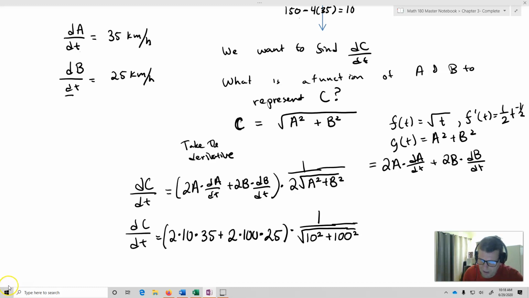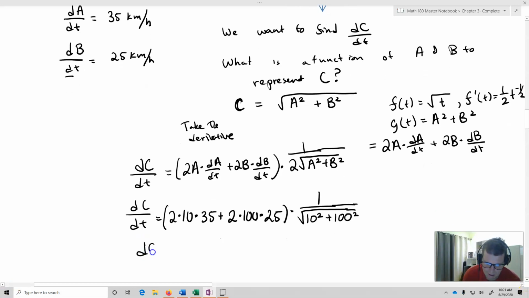And now we just need to actually calculate that. So dc dt is going to equal 56.7171. And that would be 71 kilometers per hour.